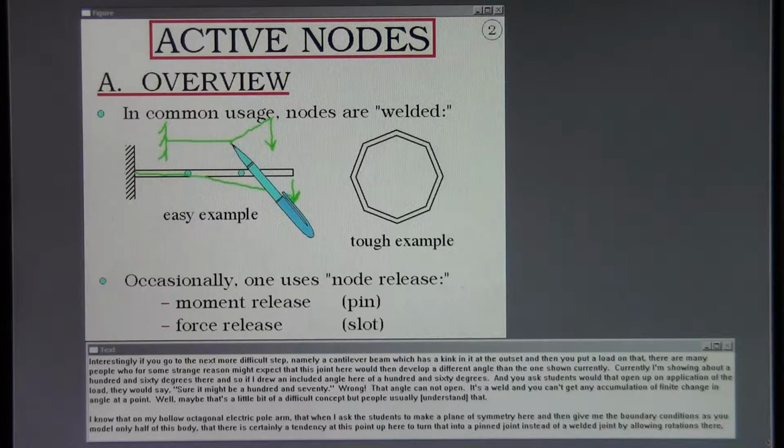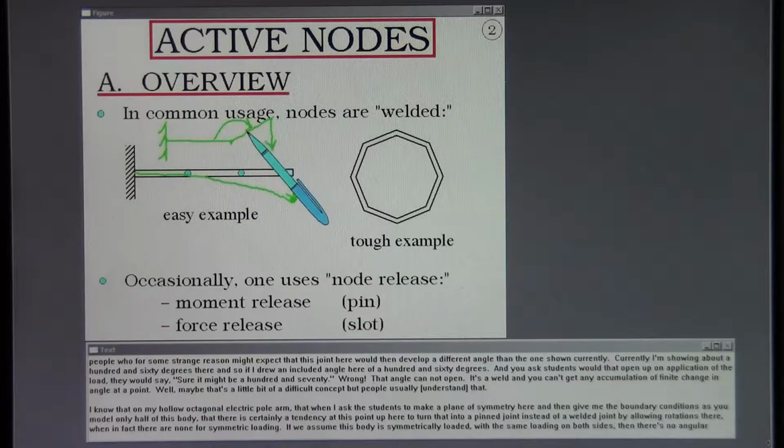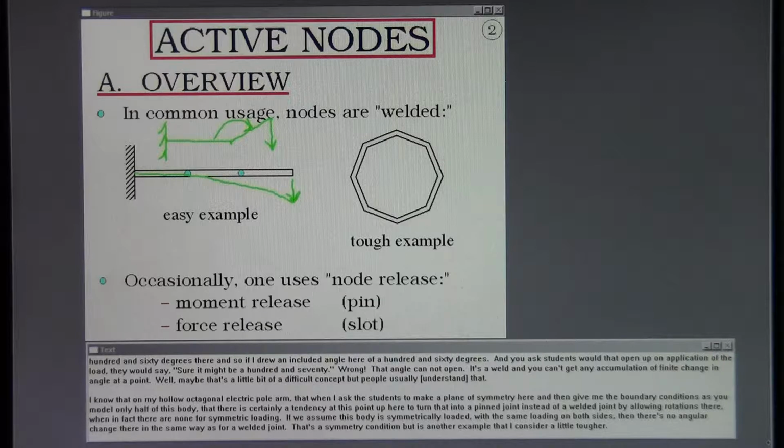Currently I'm showing about 160 degrees there, and so if I drew an included angle here of 160 degrees, and you ask students would that open up upon application of the load, they would say sure, it might be 170. Wrong. That angle cannot open. It's a weld, and you can't get any accumulation of a finite change in angle at a point. Well, maybe that's a little bit of a difficult concept, but people usually follow that.